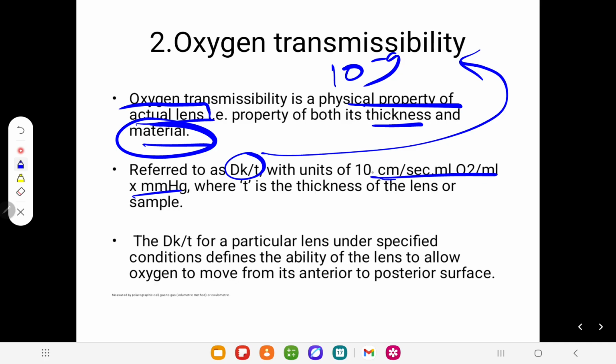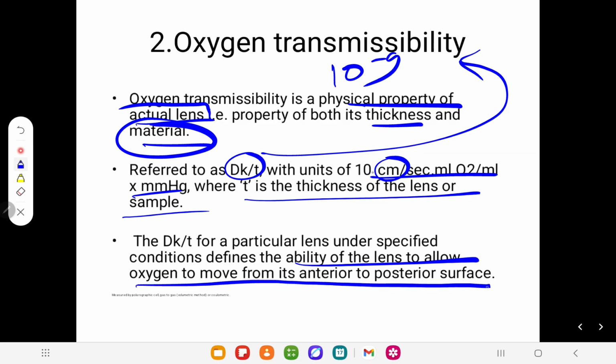Now it is only centimeter, not centimeter square, because we divide it by the thickness of the lens sample. Dk/t for a particular lens under a specific condition is the ability of the lens to allow oxygen to move through from the anterior to the posterior surface, because we know the anterior to posterior distance is the thickness. That's the concept.